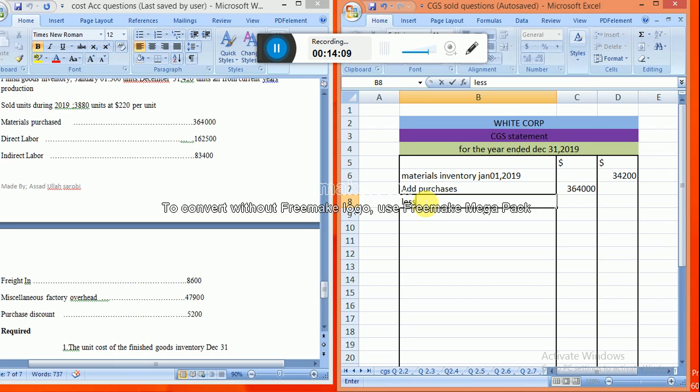So less purchase discount, we put a minus sign with 5,200. Now how much is the subtotal?